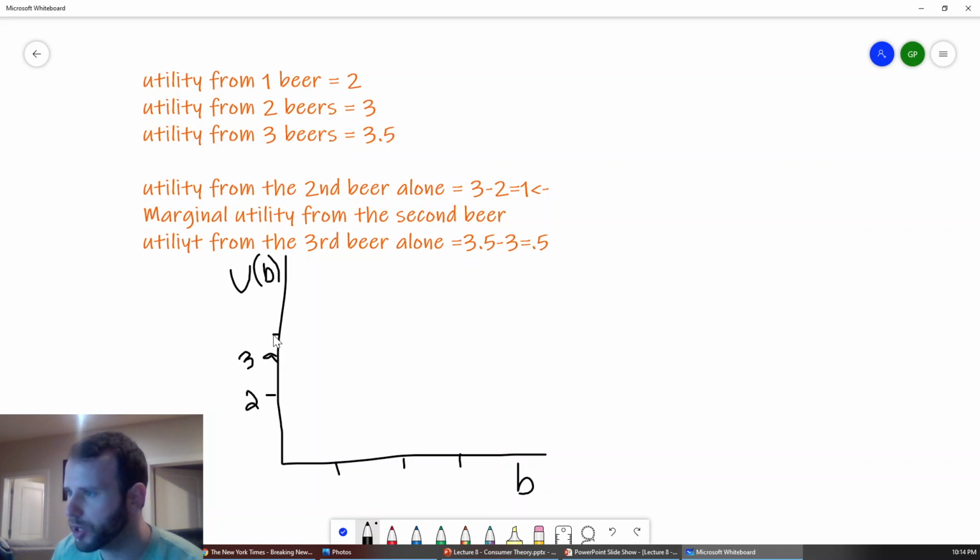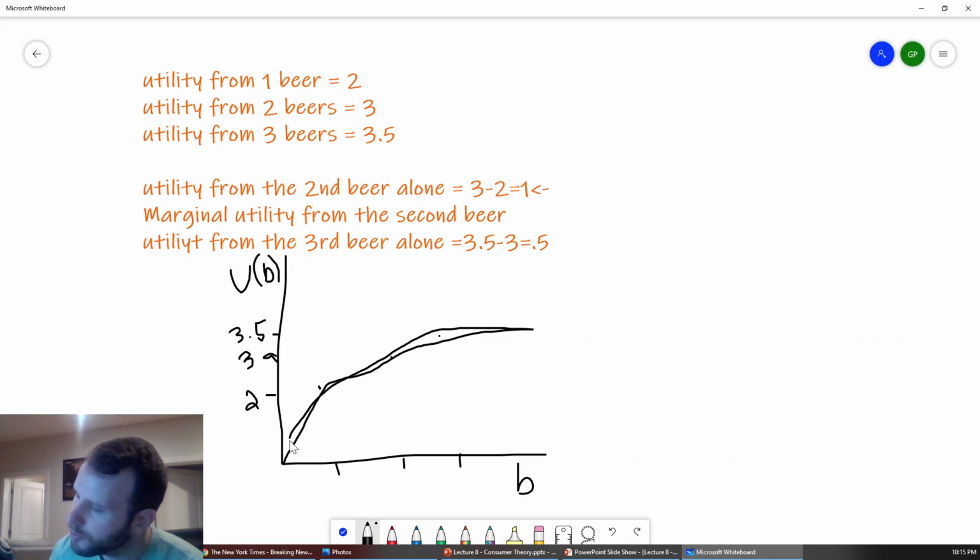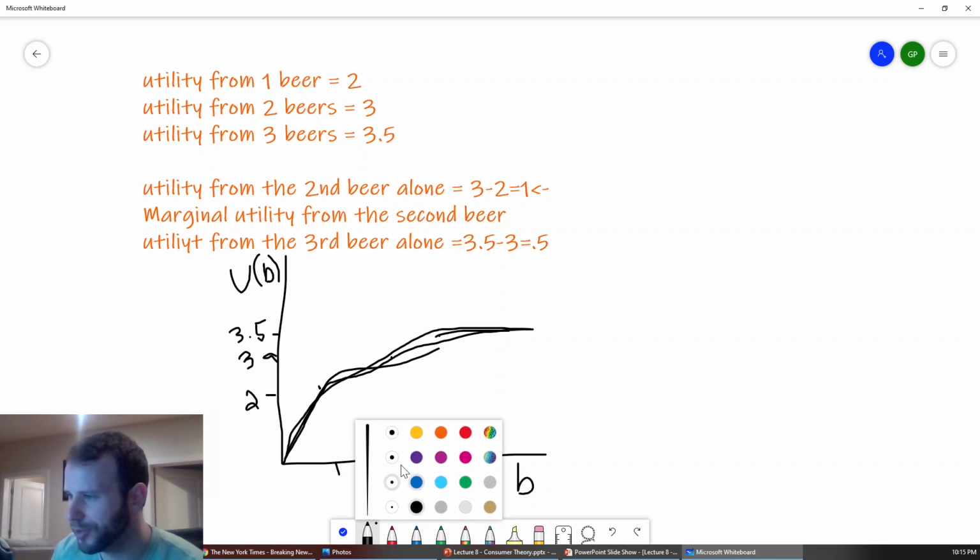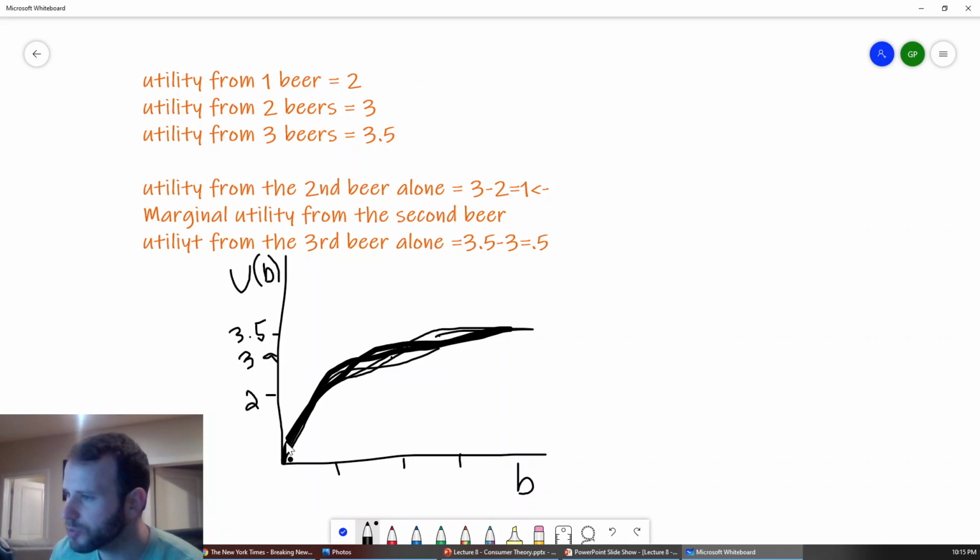And then from the third beer, I get 3.5. Okay, so let's plot this. And apologies, because it's not going to be exactly drawn to scale, but it should look vaguely curved. I'm not a good drawer, this is terrible, but I do have a better drawing on the slide. But it should be vaguely curved like so.